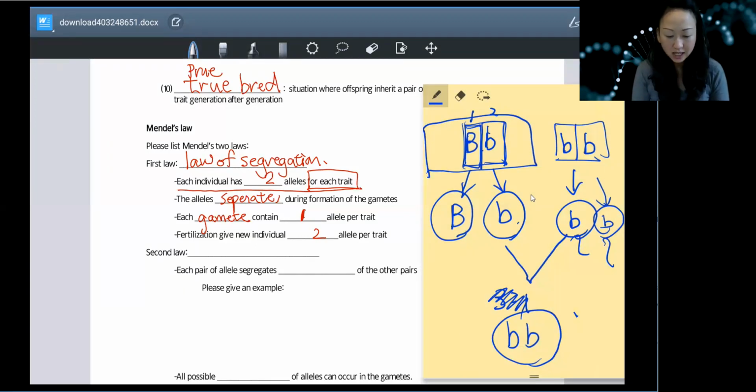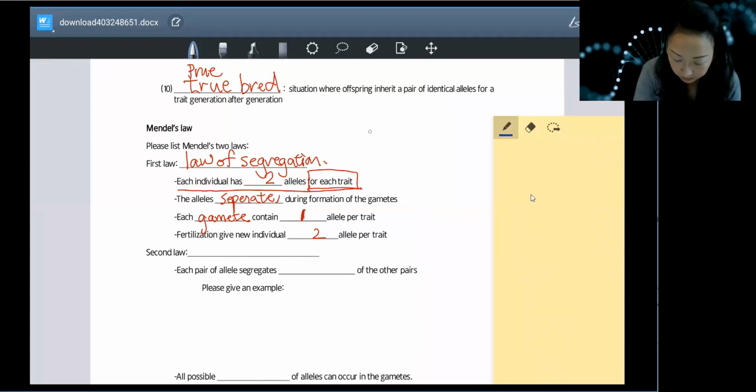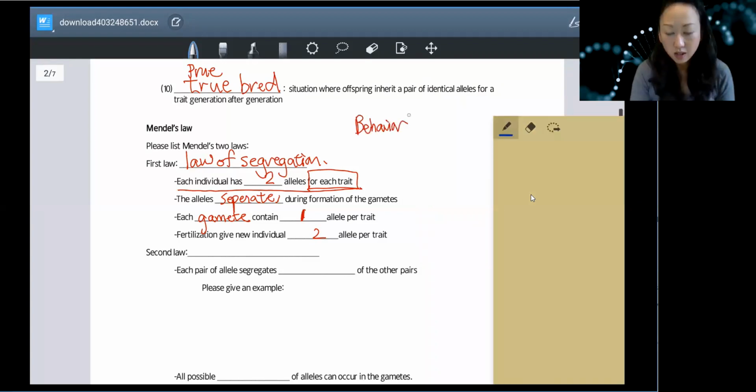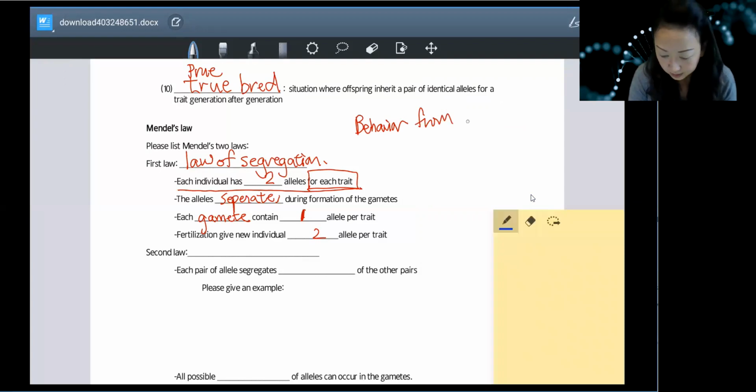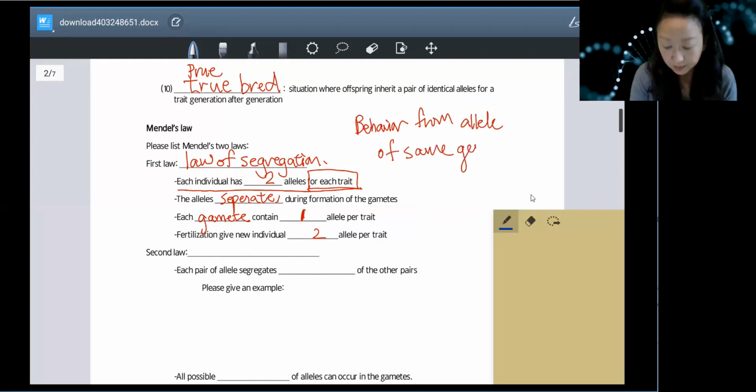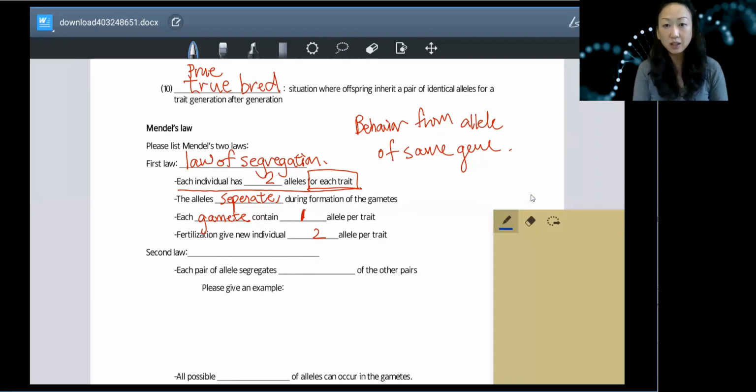Okay, so what is the law of segregation? The law of segregation, the first law, is describing how alleles of the same gene work.